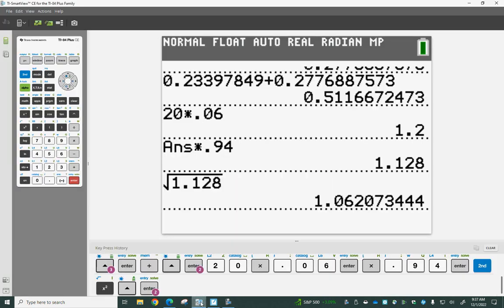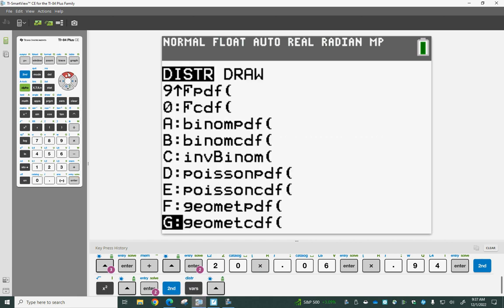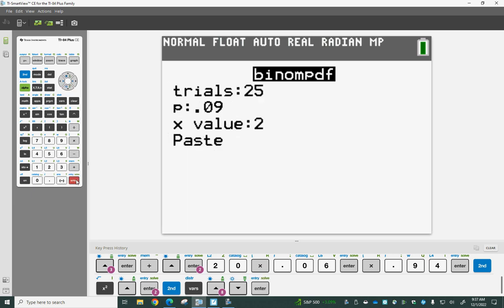And so we can go ahead and do our second vars, find our binomial PDF. We have 20 donors with a probability of success of 0.06. And we're going to do this for 2 and 3. So go ahead and do this on your own. I'm going to pause and do this. You can pause and do this on your own and then come back and we'll check our answers.